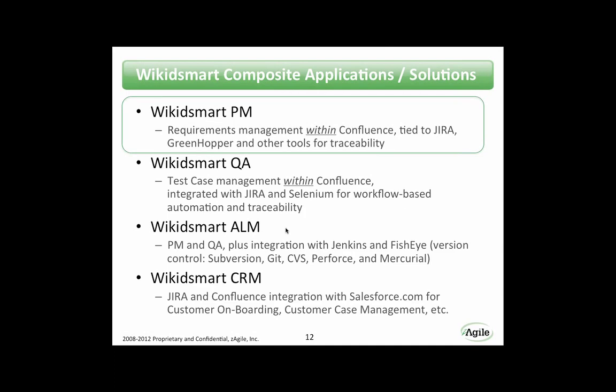And then there's Wicket Smart CRM. So this is the only capability available on the market, as far as I'm aware, that actually allows you to integrate information between Salesforce and Confluence and JIRA. So there are some point-to-point connectors out there which I think assist in moving some data from JIRA to Salesforce, but they don't have this intelligence that I'm describing with respect to knowledge models for software engineering delivery and CRM.